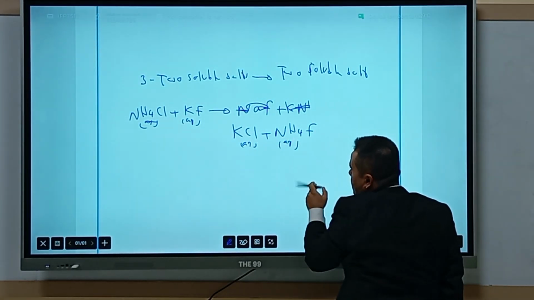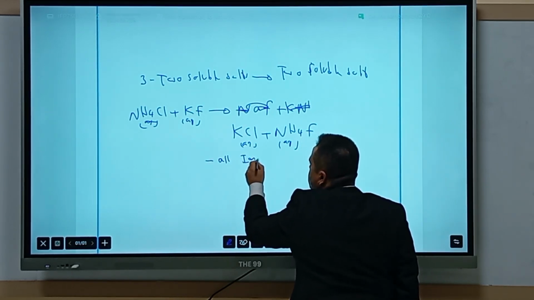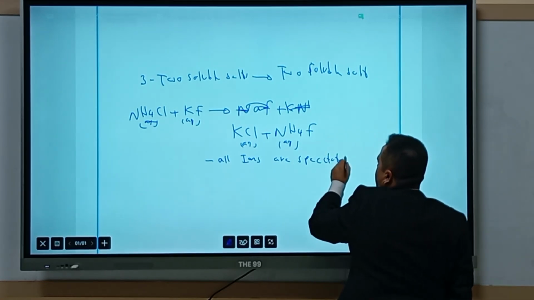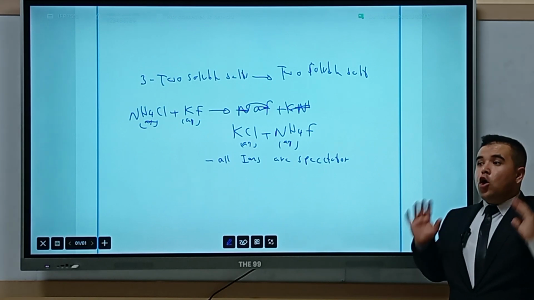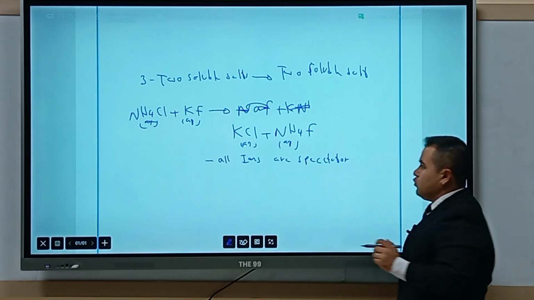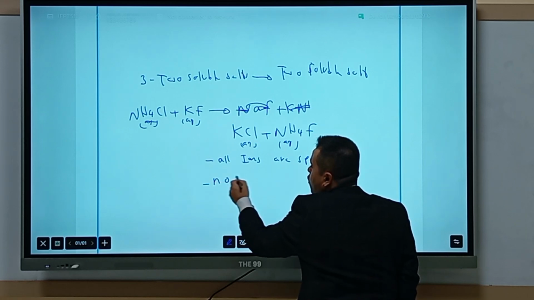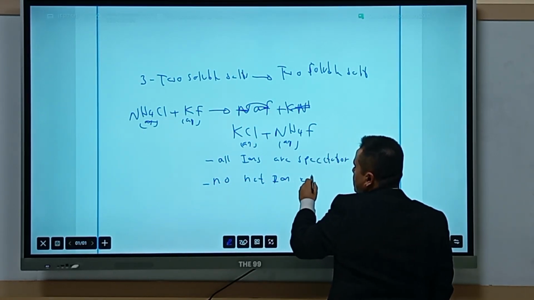So in this case, guys, all ions are spectators. When there is no precipitate, all the ions become spectator ions. Second, there is no net ionic equation.